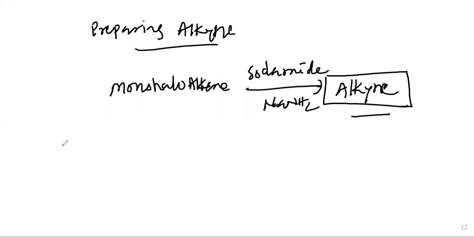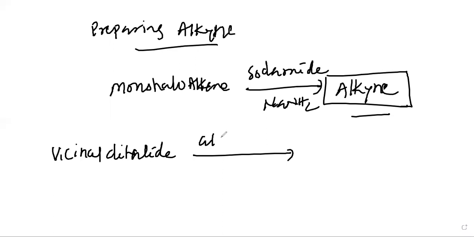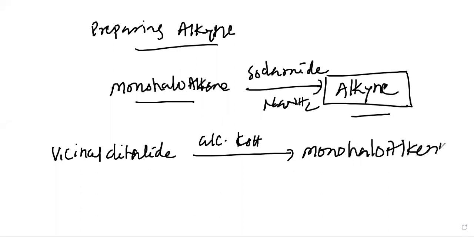Please remember, this is a very important point, that if a vicinal dihalide is allowed to react with alcoholic KOH, we will get a monohaloalkene, and from this monohaloalkene, with the reaction with sodamide, we can get alkyne.